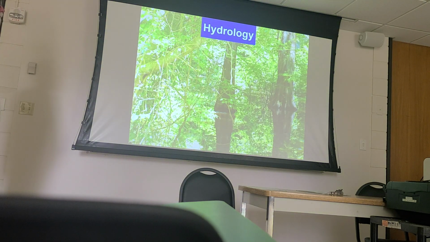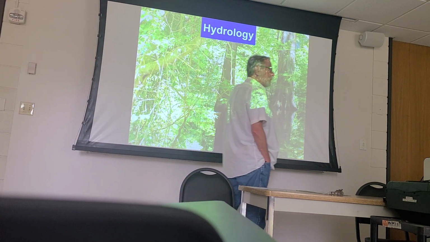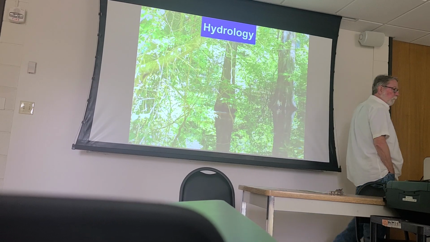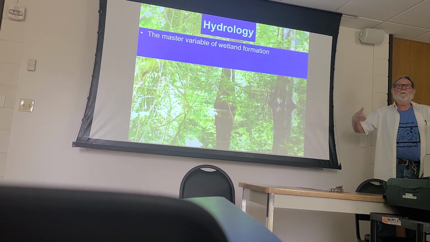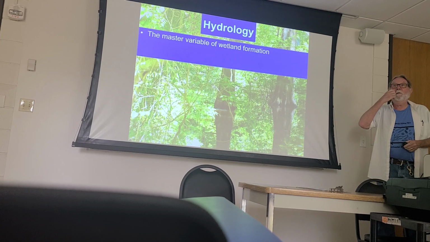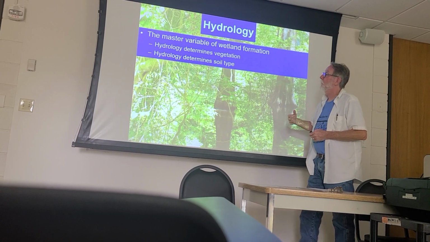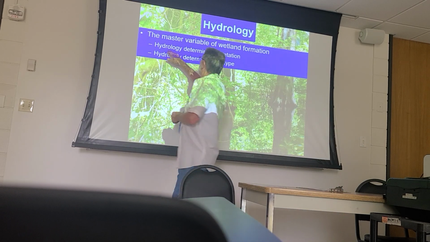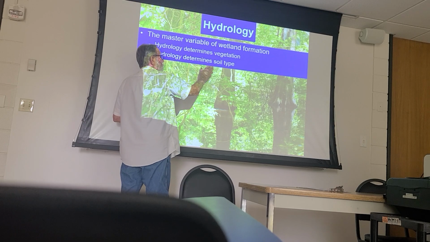Okay. So I'll talk a little bit about the classic areas here. First, hydrology. Hydrology, as I just explained, is the master variable. We're talking about wetlands. Wet seems to be important. Because the hydrology is going to determine the vegetation, and the hydrology is going to determine the soil type.